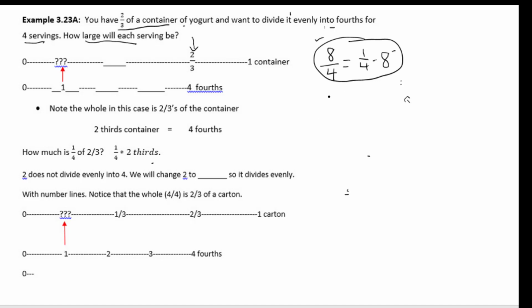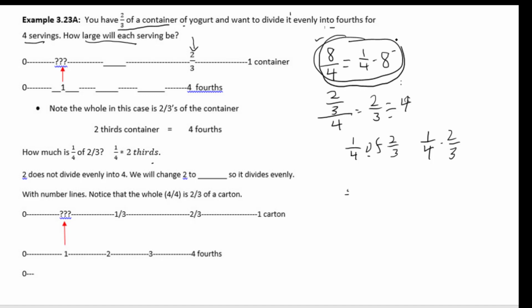So instead of doing 2/3 divided by 4, or 2/3 divided evenly among 4 people, we're going to take 1/4 of 2/3, because 1/4 times 2/3 is the same as 2/3 divided by 4. It goes back to what we've already explored in previous chapters. So we want 1/4 of 2/3, which we can also write like this.